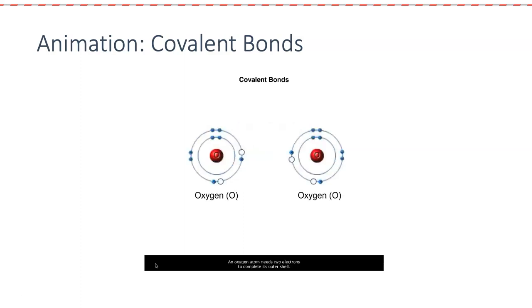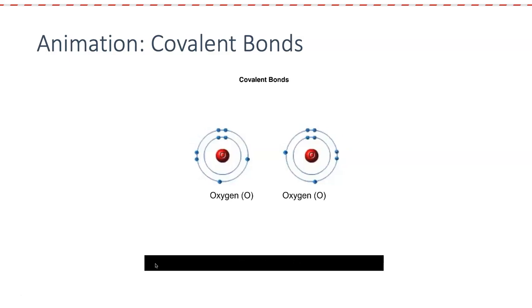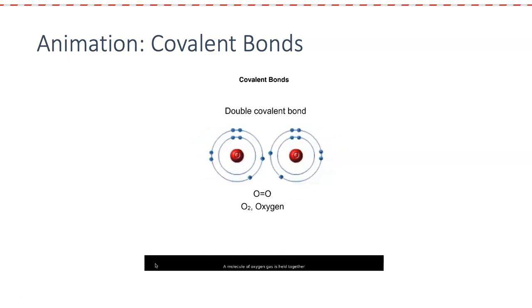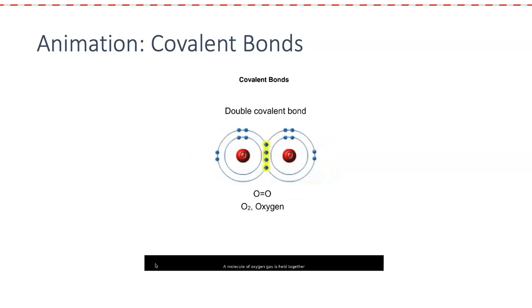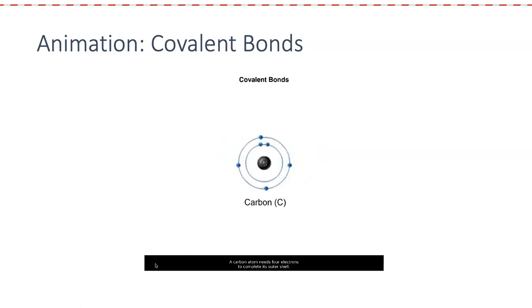An oxygen atom needs two electrons to complete its outer shell. Two oxygen atoms can share two pairs of electrons. A molecule of oxygen gas is held together by a double covalent bond, two shared pairs of electrons. A carbon atom needs 4 electrons to complete its outer shell.